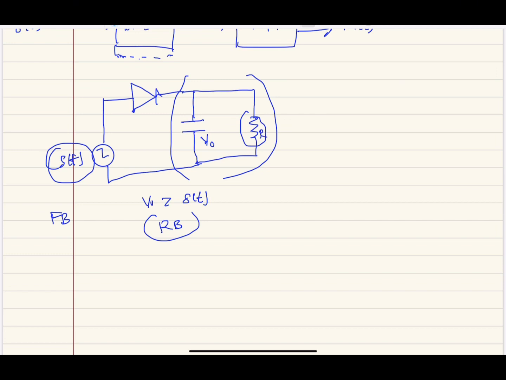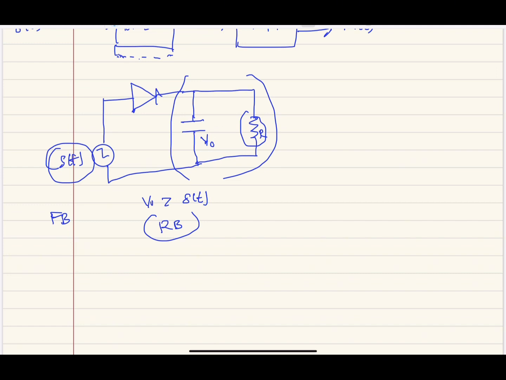So basically, in simple terms, in the positive half cycle, the diode will conduct and charge the capacitor up to the maximum level or the peak level. And at the point where the value of the amplitude modulated wave becomes less than that value, the diode will be reverse biased.